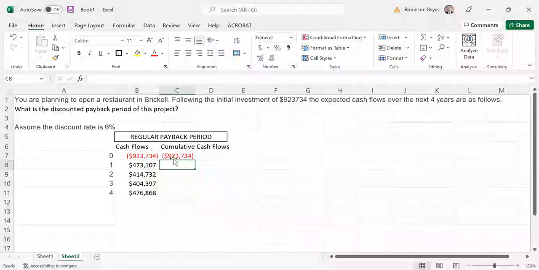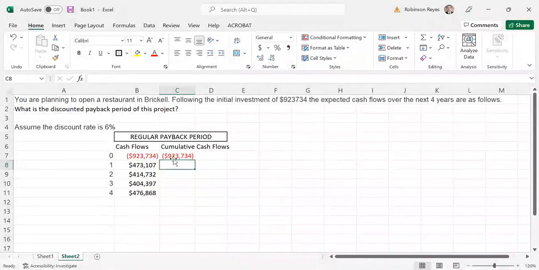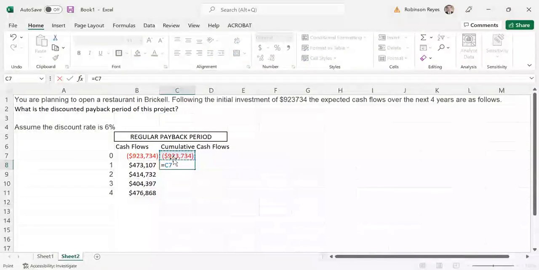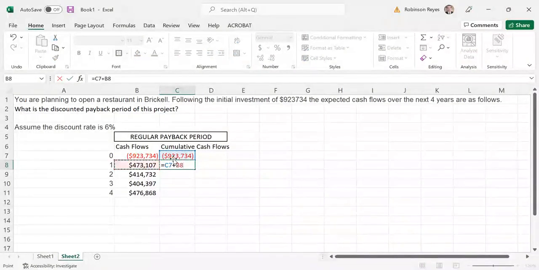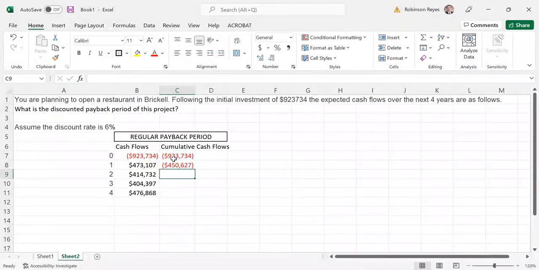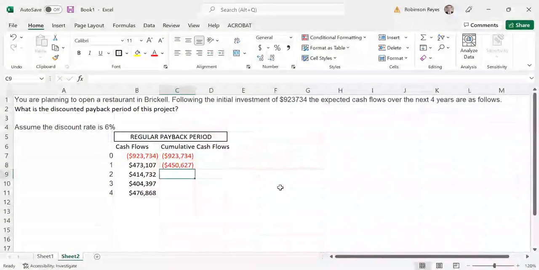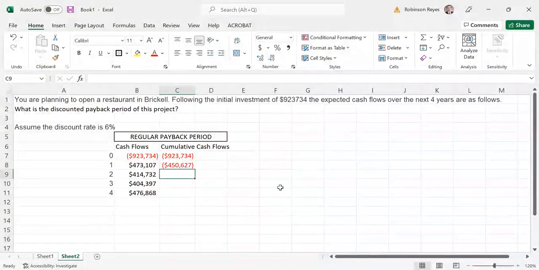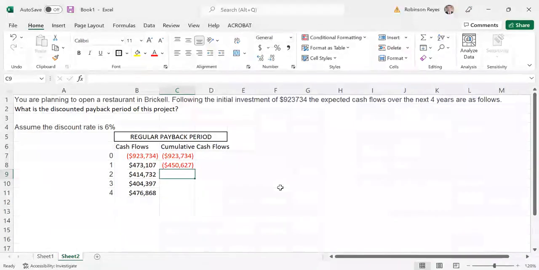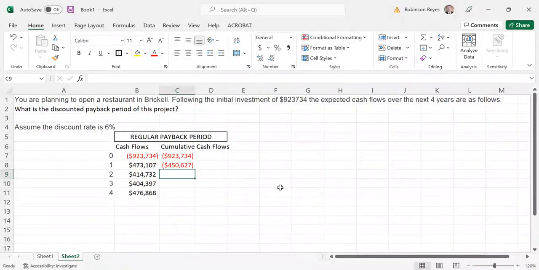When we reach the end of the first year, we have invested 923,000, but we have recovered 473,000. So our net cash flow is actually a net cash outflow of $450,000. Why? Because we invested 923, but we got back 473, but we're still short by $450,000.